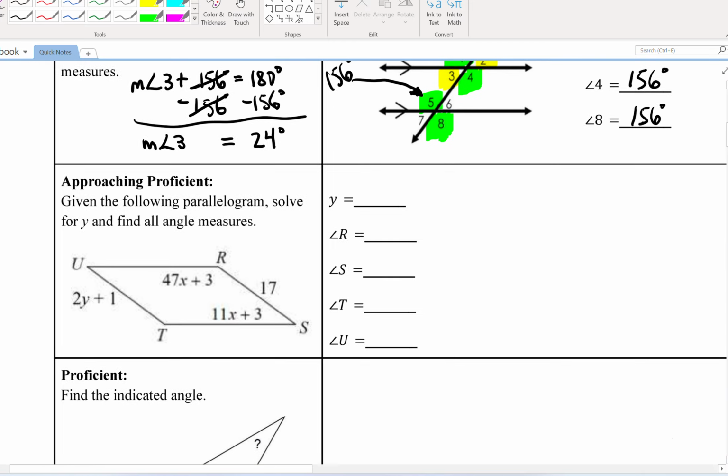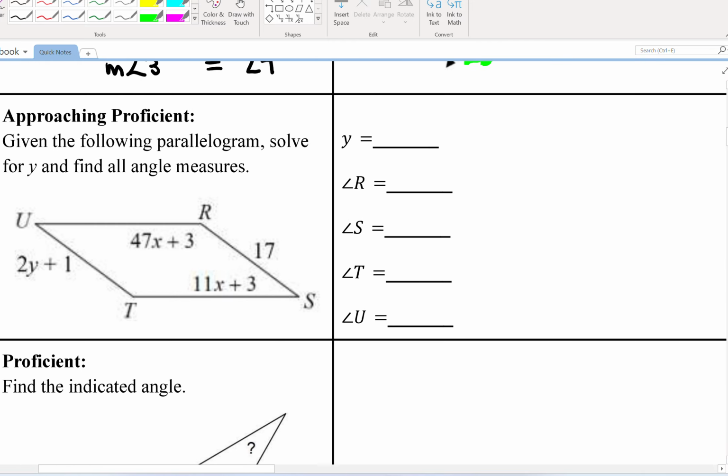Okay, now in a parallelogram, we know a few things to be true. All the opposite sides are parallel. So this side is parallel to this side, and this side right here would be parallel to this side right here. There are a number of different things they have in common.